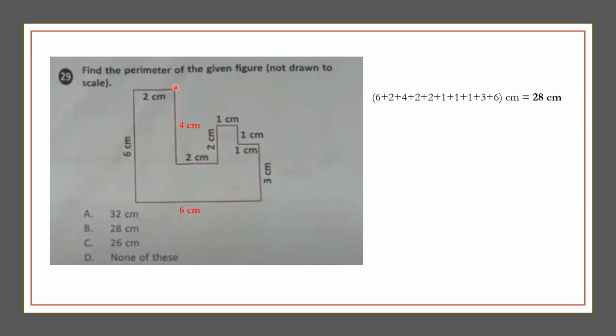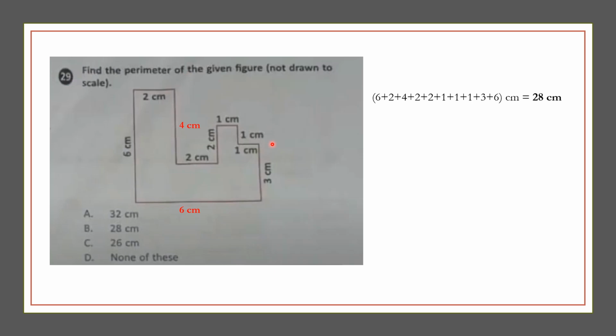Now the value of this line is also missing, so let's see what the height here will be. We can calculate the remaining height. First go 3 down, then go 1 up, so it will be 4. Now 2 centimeter down, so it will be 2. And the total height is 6. So 6 minus 2 will be 4 centimeter. So the length of this side will be 4 centimeter.